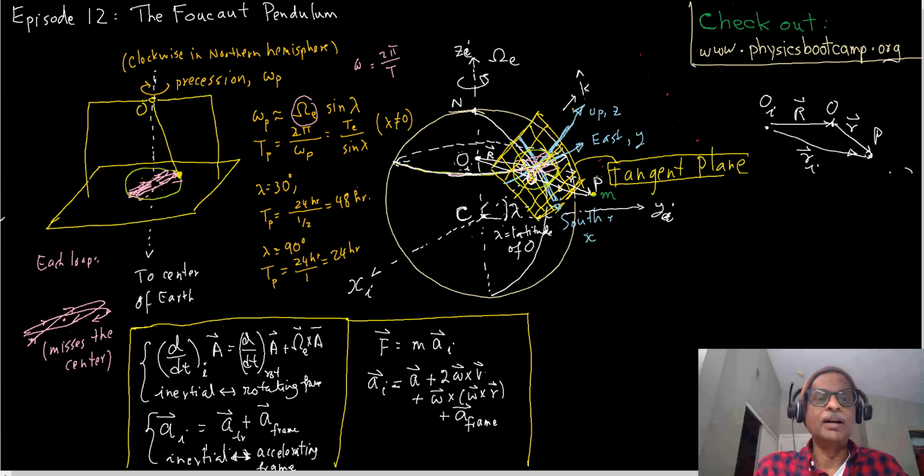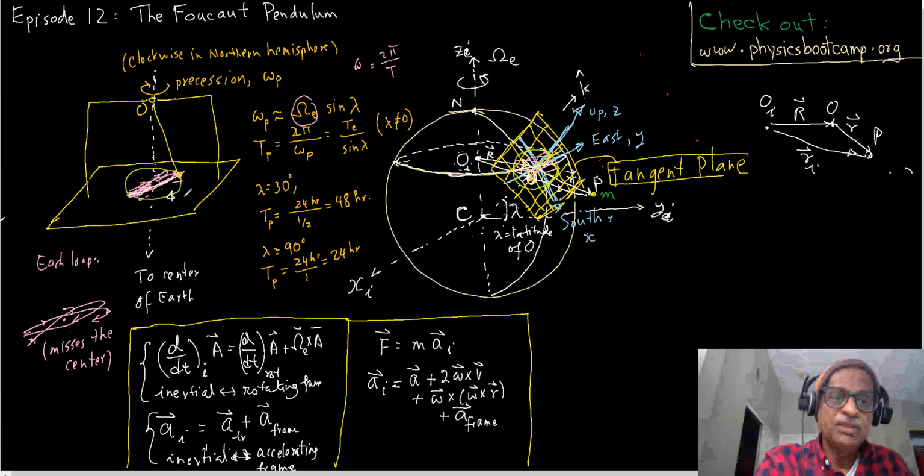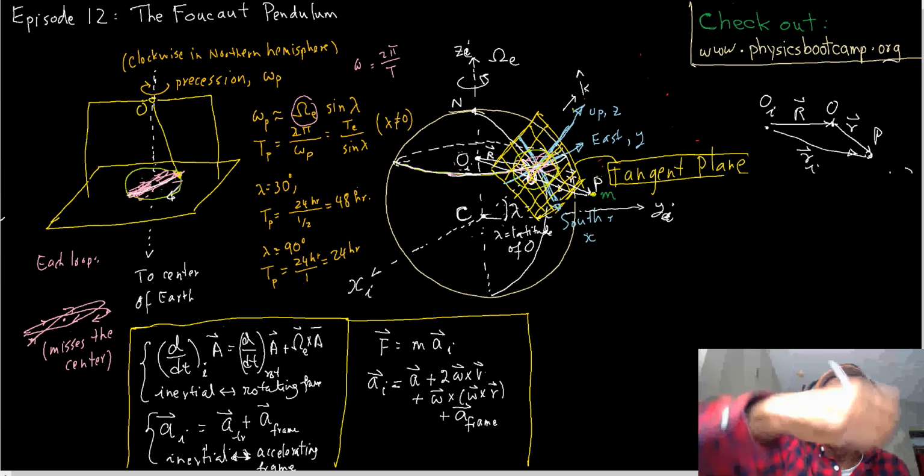If it's rotating, then you'll see that the plane of the Foucault pendulum is rotating with time, and in the northern hemisphere, it's going to go clockwise.